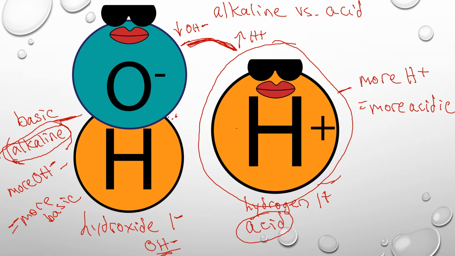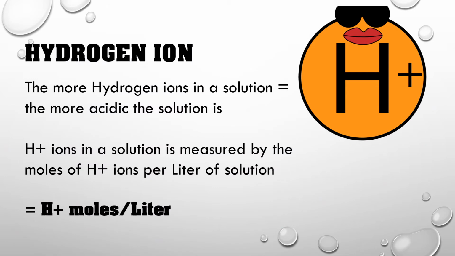So you can pretty much assume, and we'll go more into this later in a second video, that whatever the amount of hydrogen ions there are equals the inverse amount of hydroxide. And as I said, we'll go more into this in a second video after this one. So the hydrogen ion, and I just went over this, the more hydrogen ions in a solution equals the more acidic the solution is. So hydrogen is the acid.